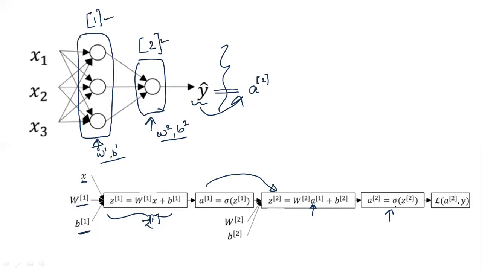So A2 equals sigma of Z2, and after finding the value of A2 or y hat, we can apply this in the loss function as L of y hat comma y, or L of A2 comma y. Okay, so I hope this forward propagation step has been very clear to you in this video lecture.